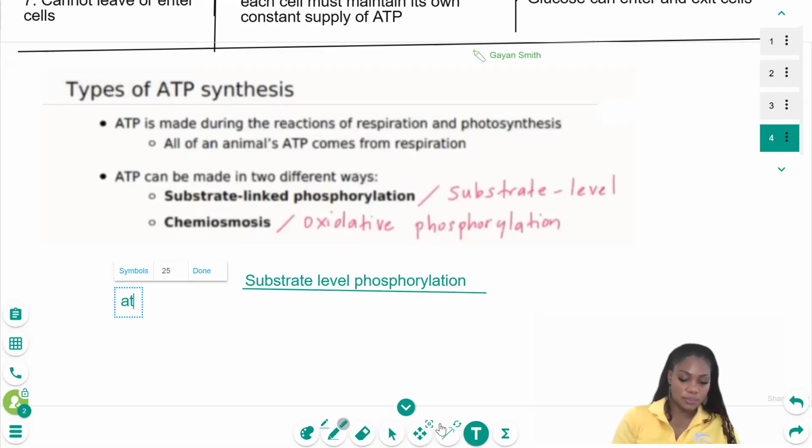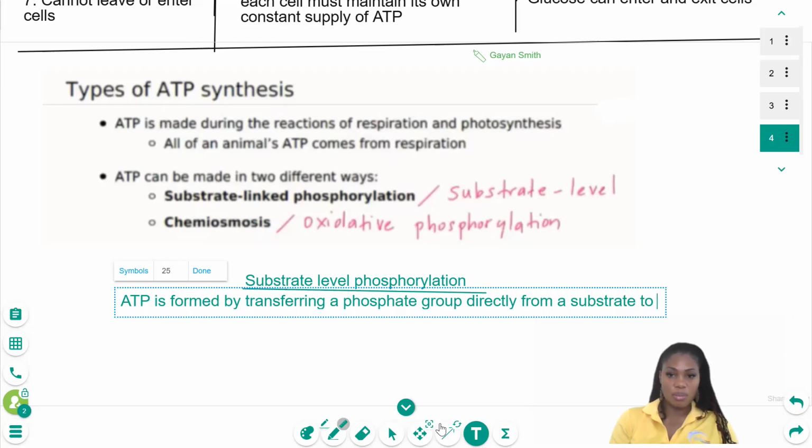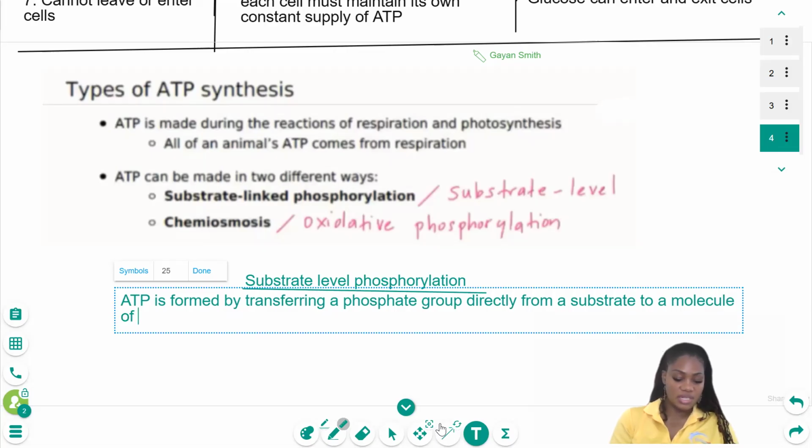ATP is formed by transferring a phosphate group directly from a substrate to a molecule of ADP.